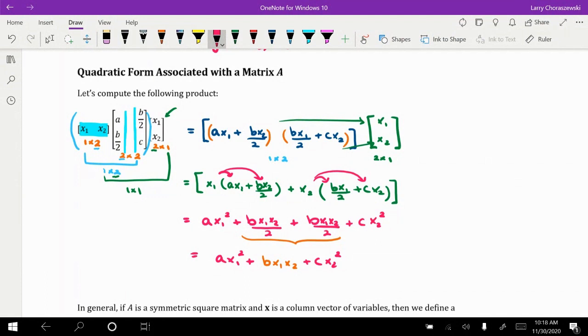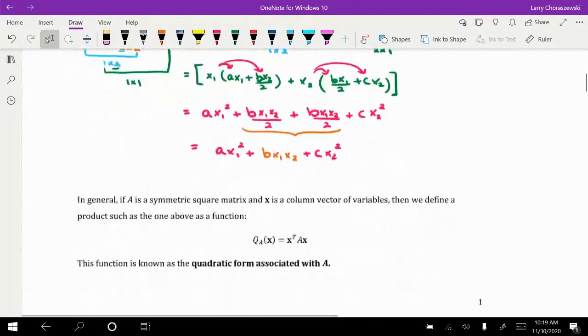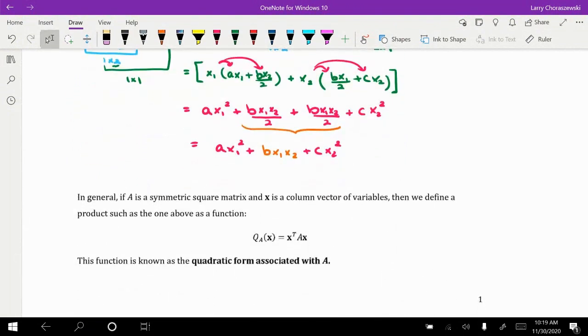And that format of this quadratic form that involves the wacky product that we started out with is known as the quadratic form associated with a matrix A. So it says here, in general, if A is a symmetric square matrix and X is a column vector of variables, then we define a product such as the one above as a function. And here's the notation for that function.